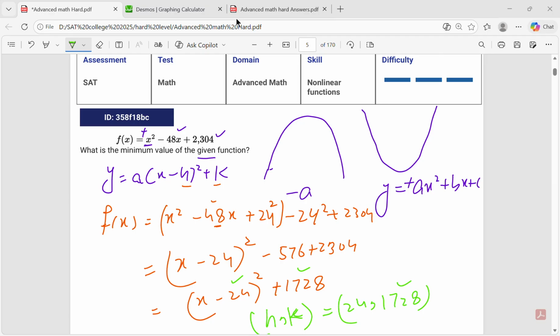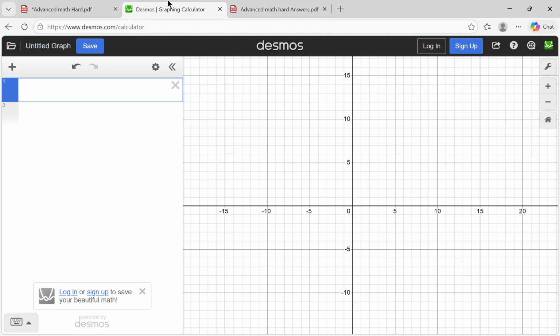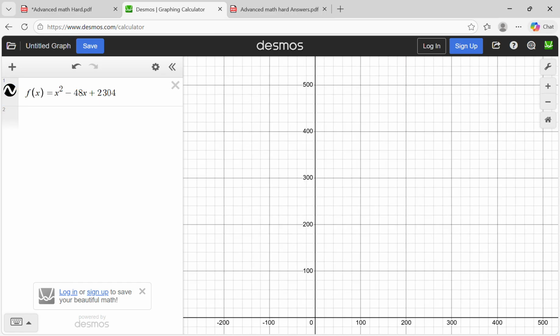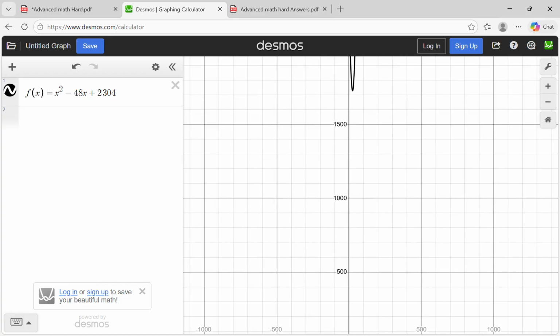I just have to type the function in Desmos: f of x is equal to x squared minus 48x plus 2304, and you will see the minimum value.